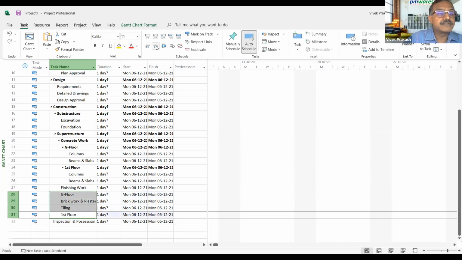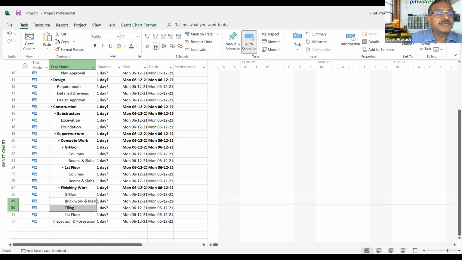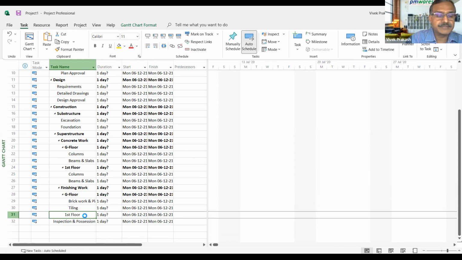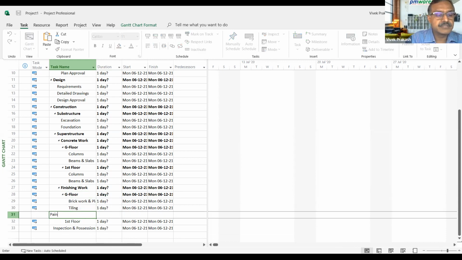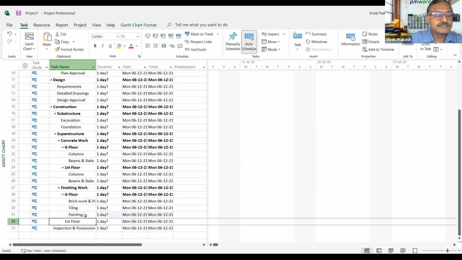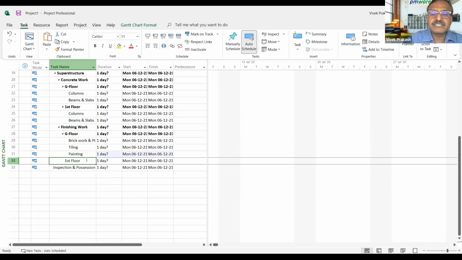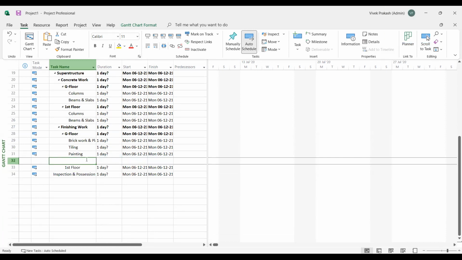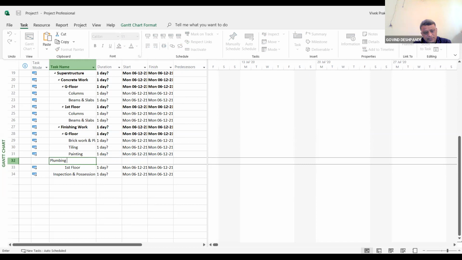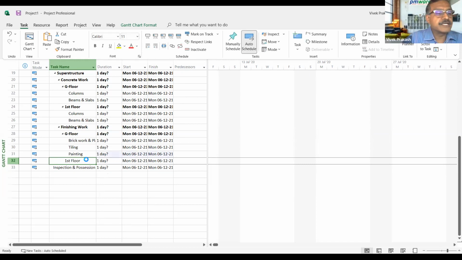Put this inside this, and this tiling will be inside this, and this painting. Good enough? Yes. Plumbing and electrical work, MEP work we can say. We can put it before tiling. Okay.